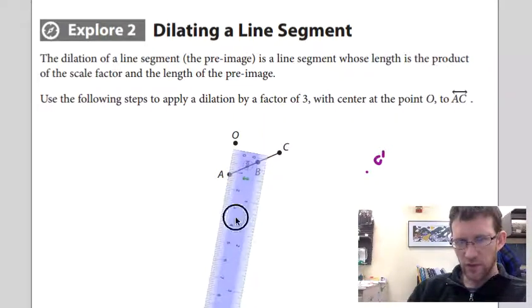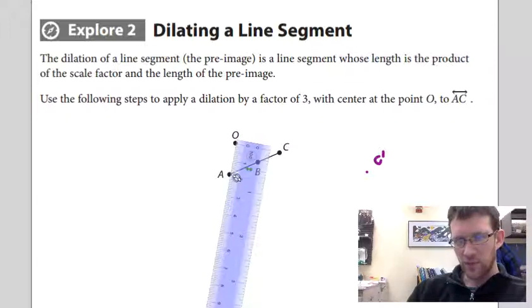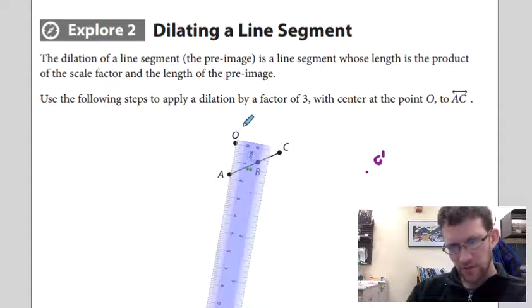I can do O to A prime as well. So O to A prime here in centimeters, probably should have done inches, is 1.8 or so. 1.8 times 3 is 5.4, so I'm going to go to 5.4 and put a dot.